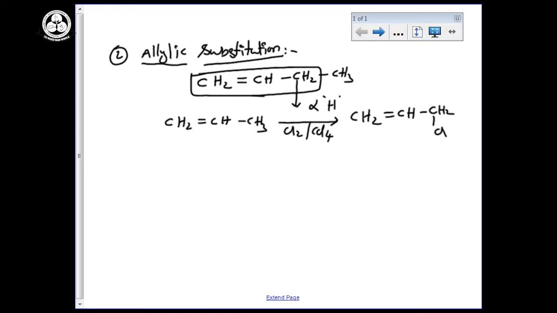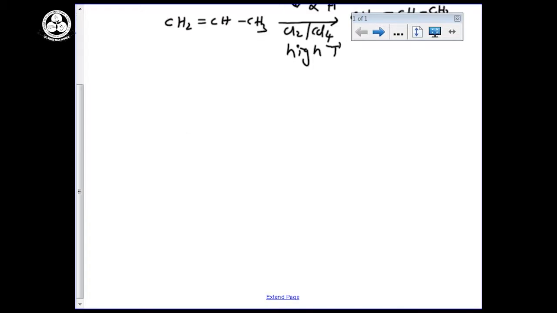Chlorine in the presence of CCl4 gives an addition reaction. Now we have to use high temperature. High temperature means what mechanism are we going to follow? Free radical mechanism. For CH2=CH-CH3, I add halogen in the presence of sunlight.